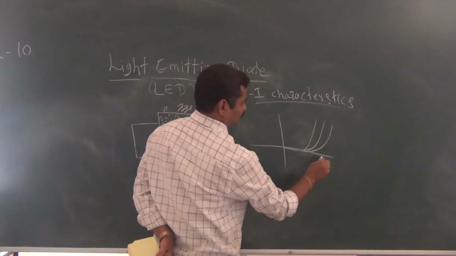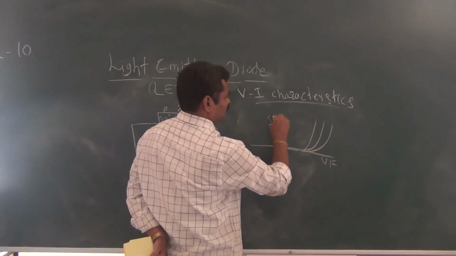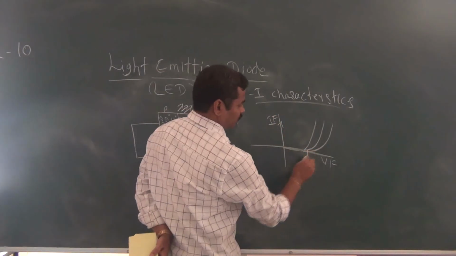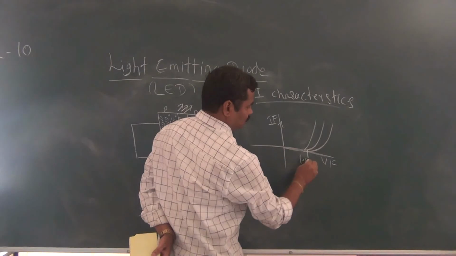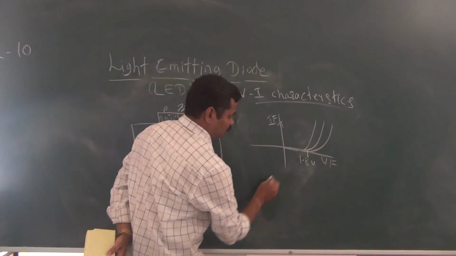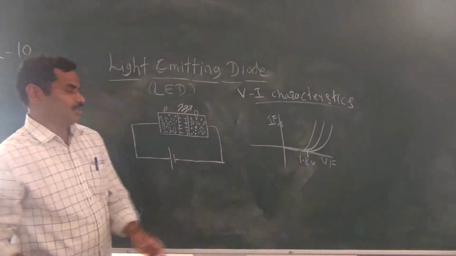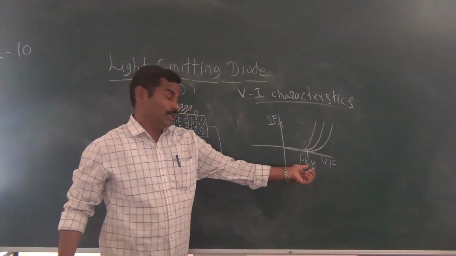This is VF, and this is IF. Here you have to apply the knee voltage, which is nothing but 1.8. The knee voltage is very low. We are applying the knee voltage of about 1.8 electron volt.